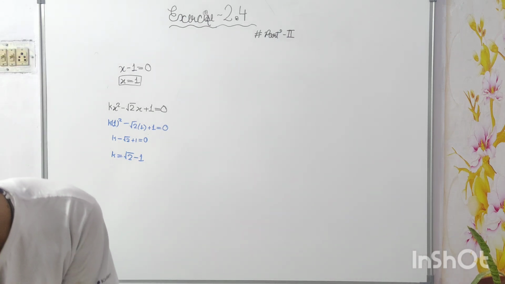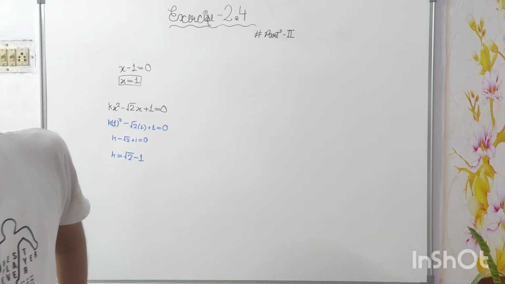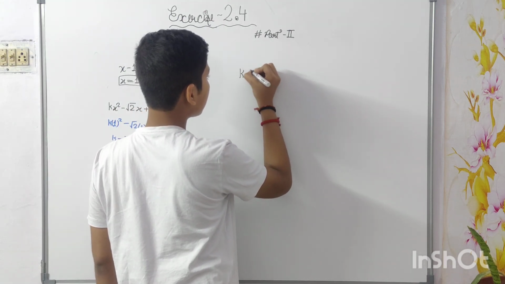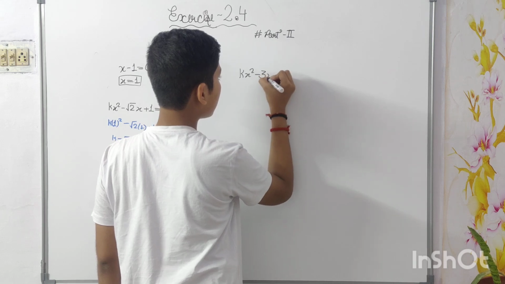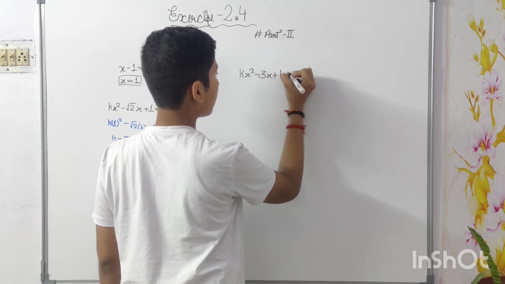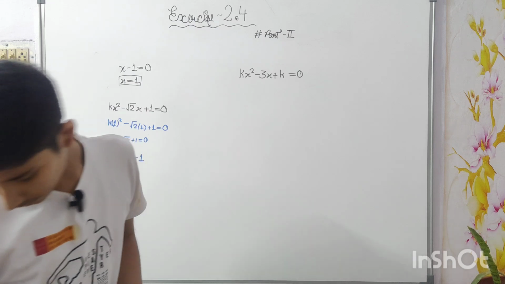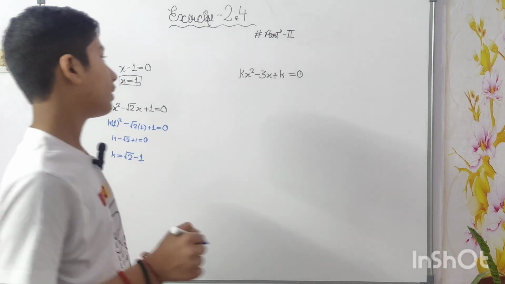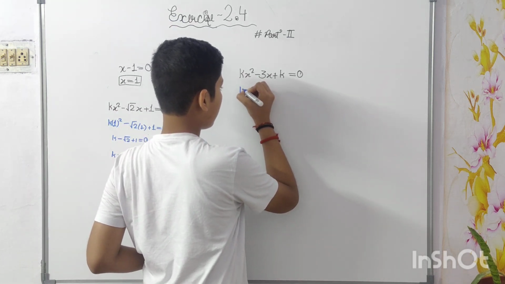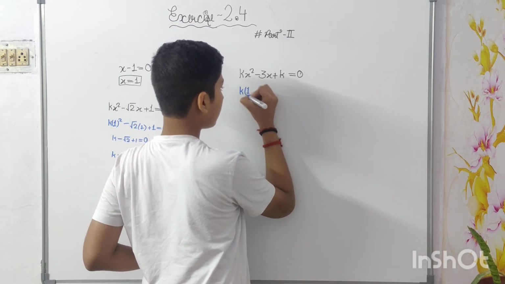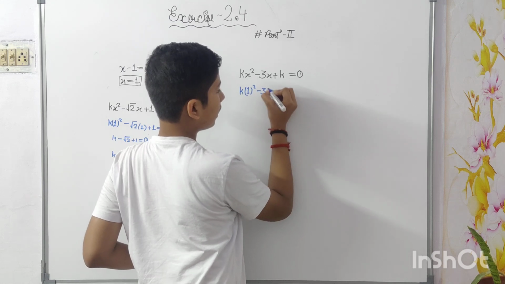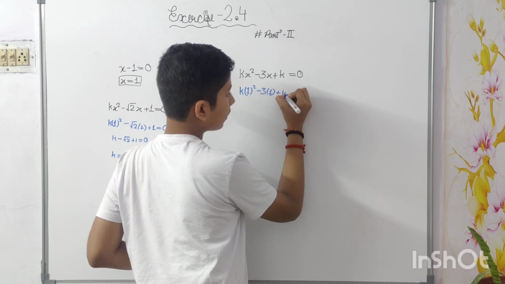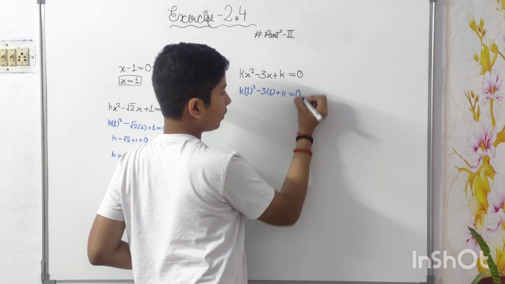Now next one, kx square minus 3x plus k, equal to again 0. Okay, now let's see. k into 1 square minus 3 into 1 plus k equal to 0.